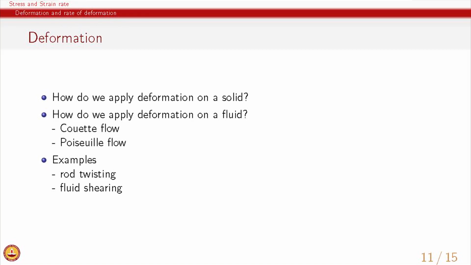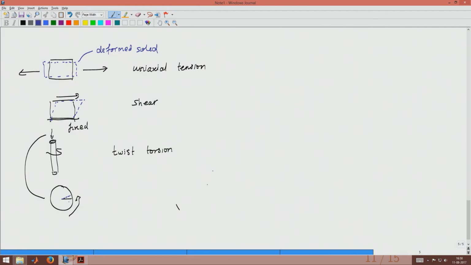Sometimes we apply a fixed deformation and then measure the amount of force needed for that deformation. Other times we apply a force or a stress and see how much deformation there is in the solid. Now, similarly, how do we apply deformation to a fluid? There are two broad classes of inducing deformation in a fluid, and both are useful as far as rheological techniques are concerned.